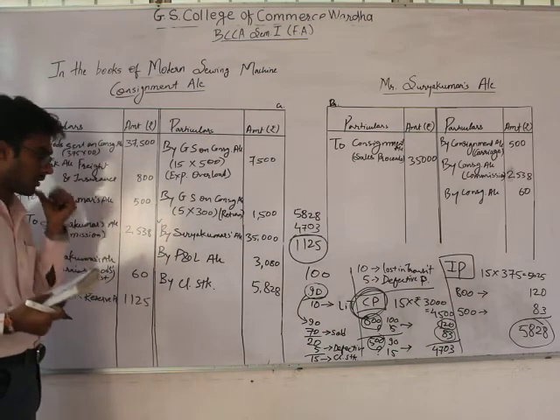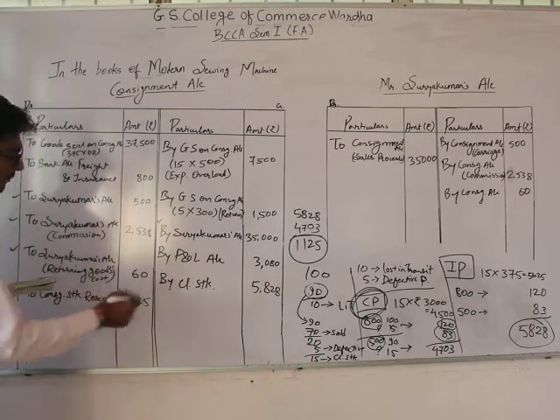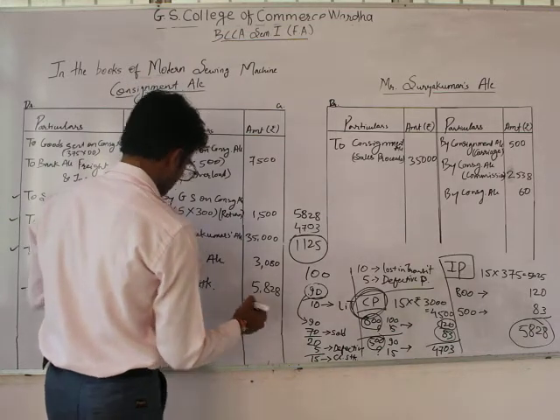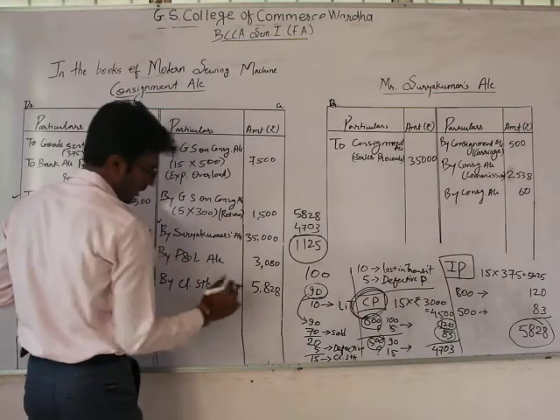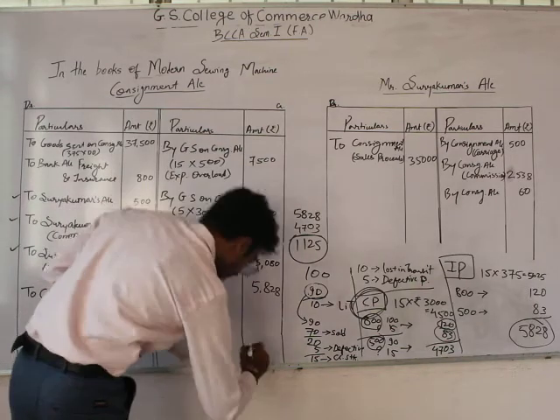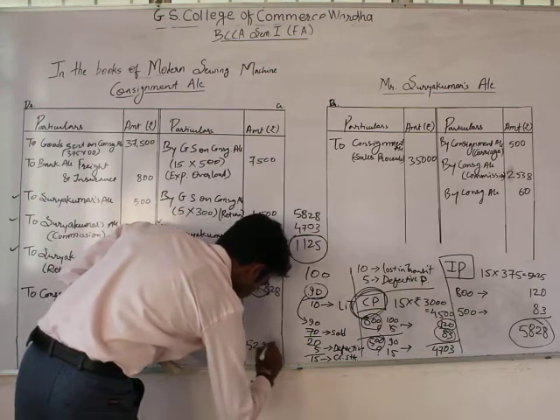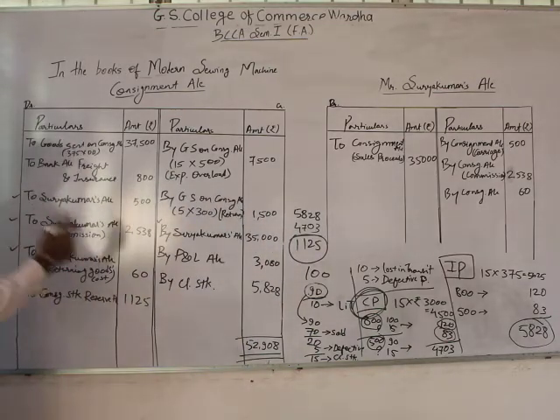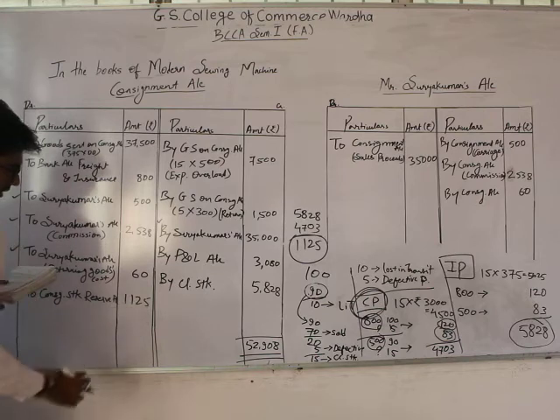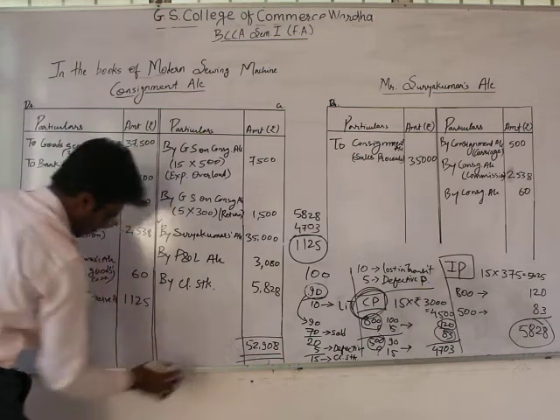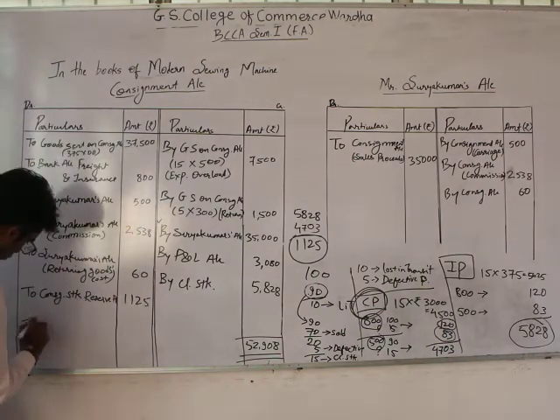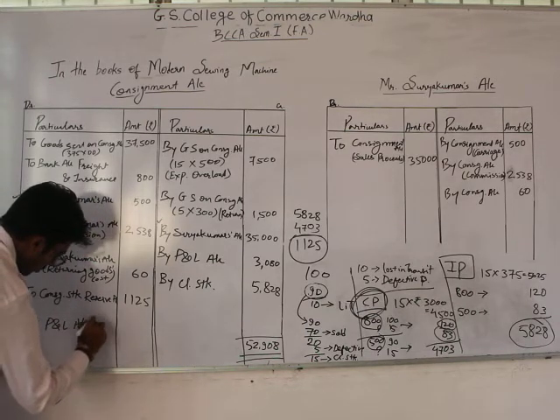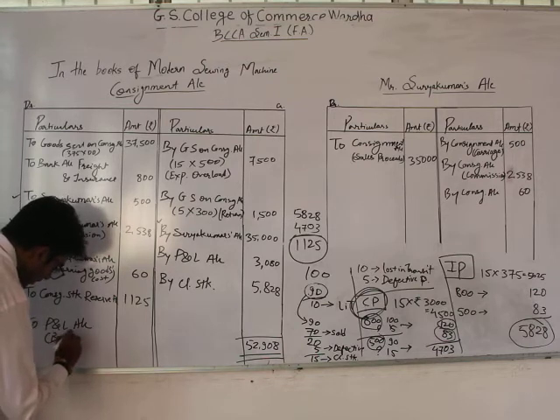Now we have to calculate the profit. We have to take the total of credit side, which is 52908, and this total minus this. So we take the profit amount to the P&L account, and this is your balancing figure.